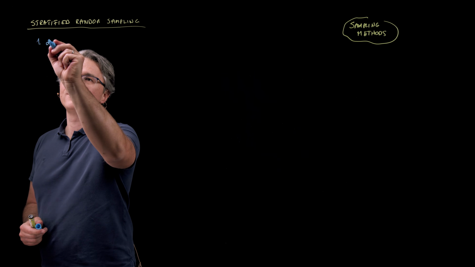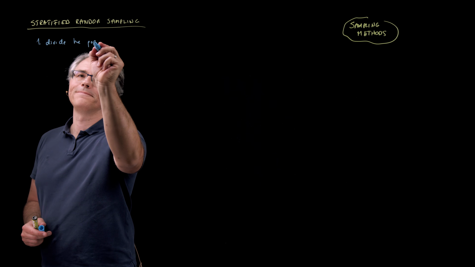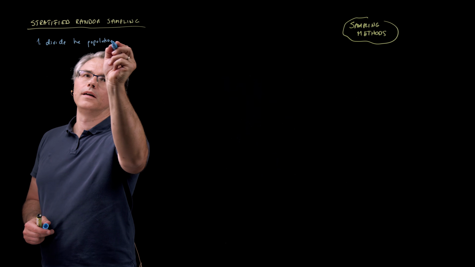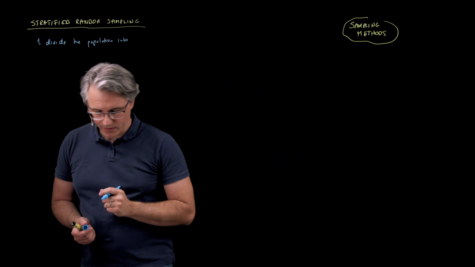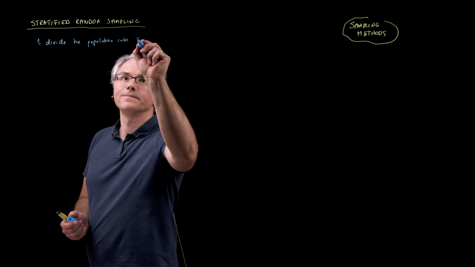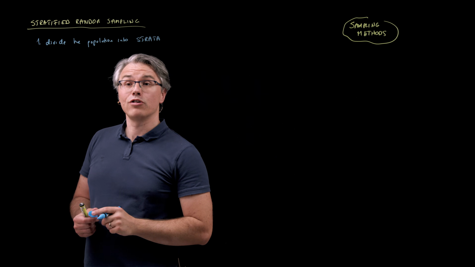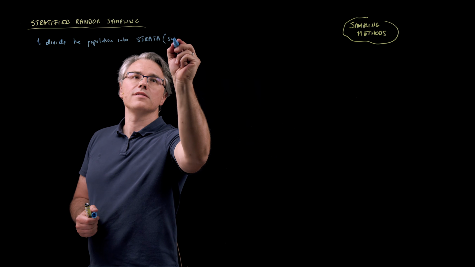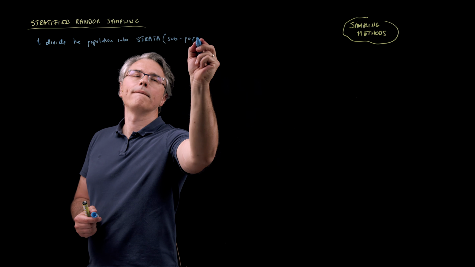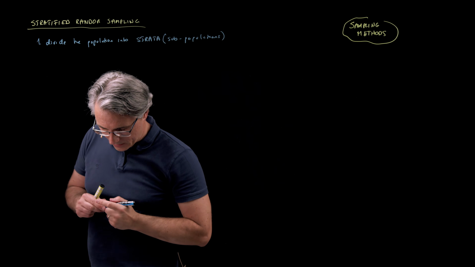First of all, we're going to divide the population into subpopulations called strata. Strata is the plural, stratum is the singular form. So these are subpopulations.